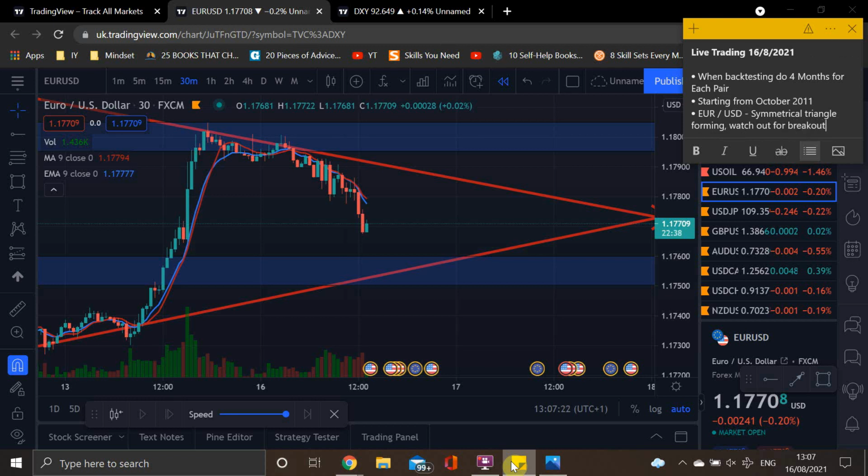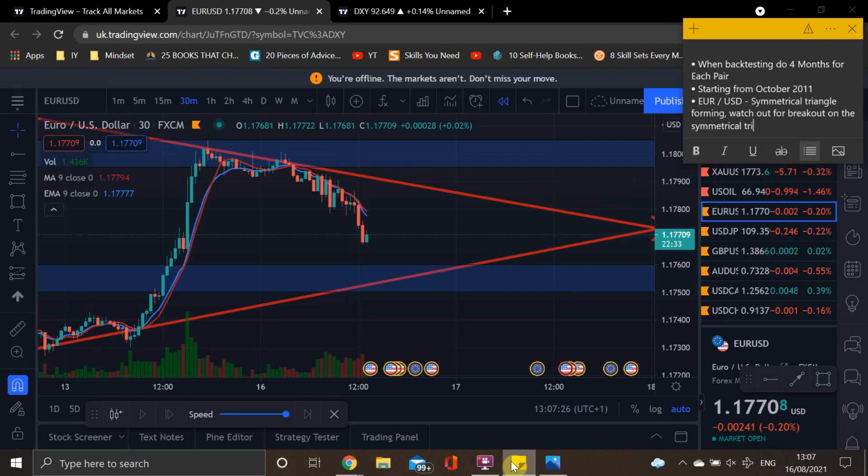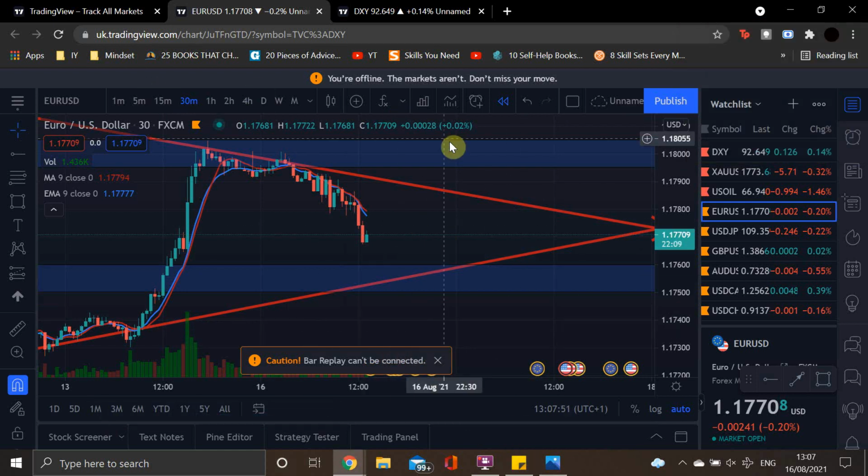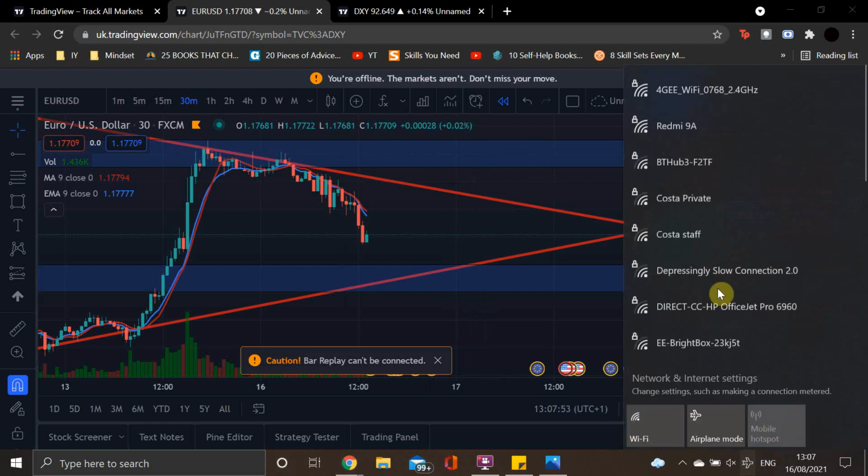Watch out for a breakout on the symmetrical triangle and the 1.17655 level. Cool. Yes, I need to watch out for that level right there.